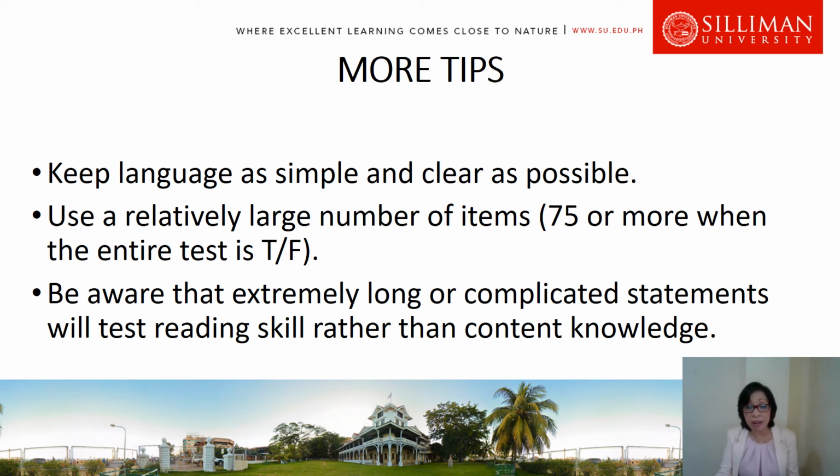So if there are other types of tests, maybe you can lessen the number, maybe 50 or 30. That depends upon you. And third here, be aware that extremely long or complicated statements will test the reading skill rather than content knowledge. So avoid that.